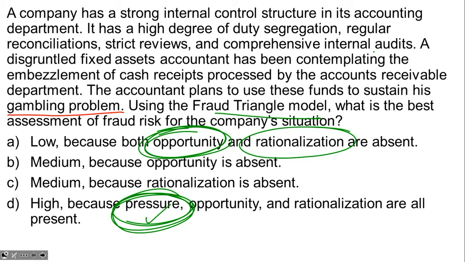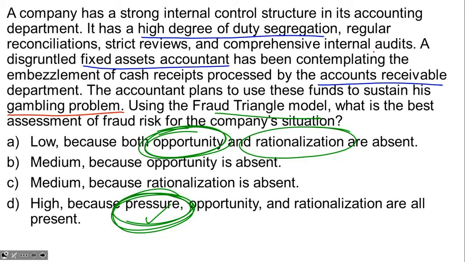What about opportunity? Do they have the opportunity to commit fraud? Well, they tell us that this person is a fixed assets accountant and they're trying to take money out of accounts receivable. And they tell us that there's a high degree of duty segregation, regular reconciliations, strict reviews, comprehensive internal audits.